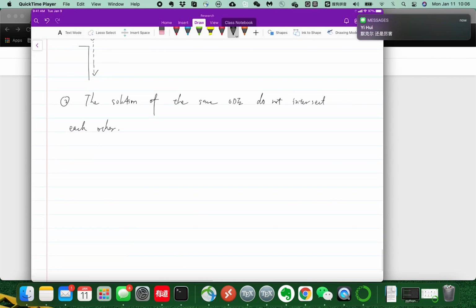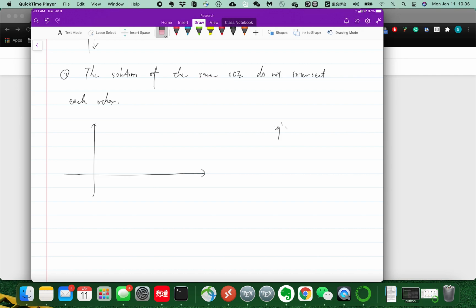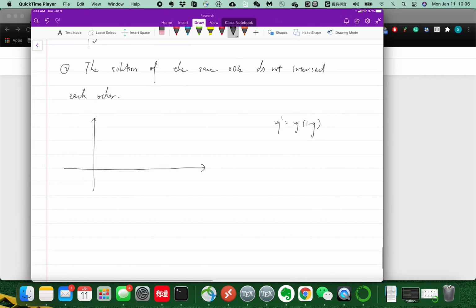Remember, we were doing logistics, and we were trying to do the vector field. You have a lot of possible solutions. Which solution do you have? Well, you may have a solution like that, you may also have a solution like that, and you may also have a solution like that, and many, many other ones.